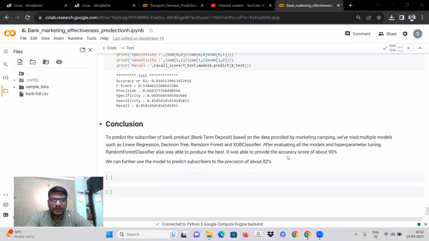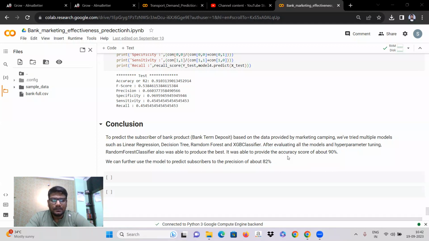So for effectiveness, we will not be giving the information of those customers who are less likely to subscribe to a term deposit to the representative who will be doing the campaign over the phone call. So this likelihood information can be enhanced to 90%.